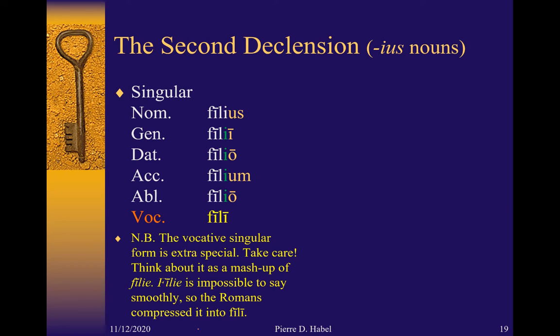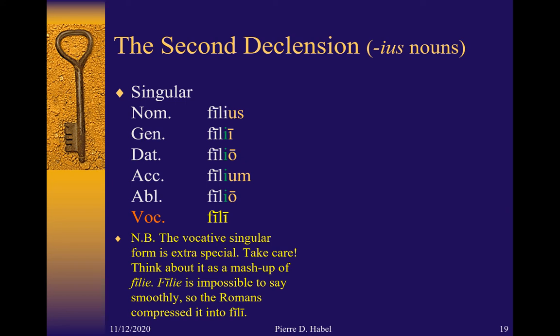If your name ends in IUS, your name is going to follow the pattern of filius, which is pretty straightforward until we get to the vocative.